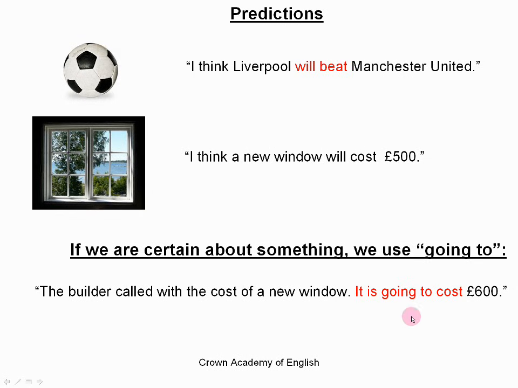So we do not use the future simple. Okay? The meaning is very similar between the two. Both are talking about the future, but there is a difference in the meaning. With the future simple, we are less certain.